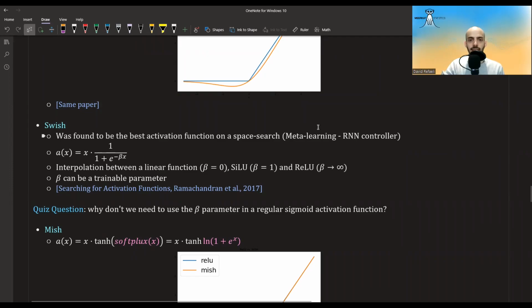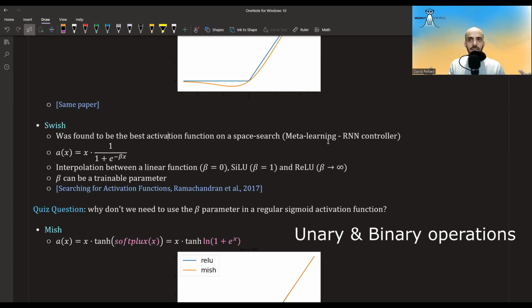So what they did is they used an RNN, which output a string, and this string was the list of operations that we want the activation function to have. So maybe take the x and make it an exponent of x, and then take 1 over this exponent and maybe add something. It had all kinds of different operations that it could use: addition, multiplication, division, exponentiating, logarithm, cosine, sine, etc.